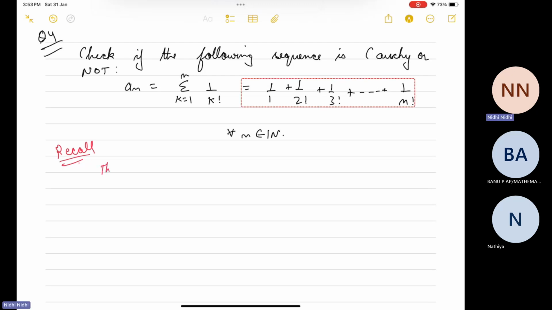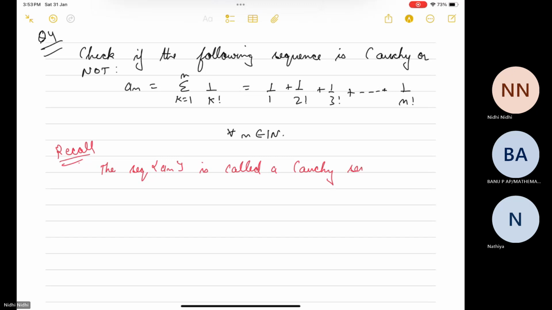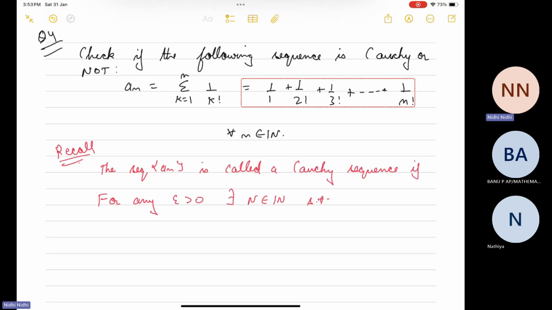The sequence an is called a Cauchy sequence if for any epsilon positive there exists a stage such that after that stage, earlier for convergence, we used to see whether all the terms are near to some fixed point L. And for Cauchy, we need to see that after some stage, all the terms are near to each other.